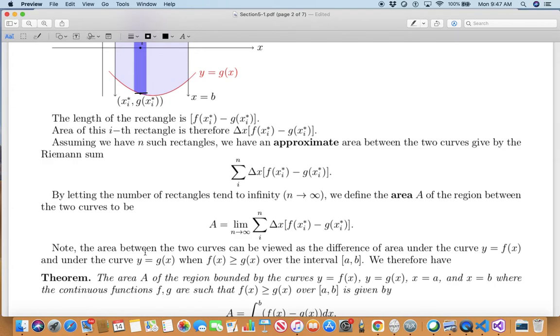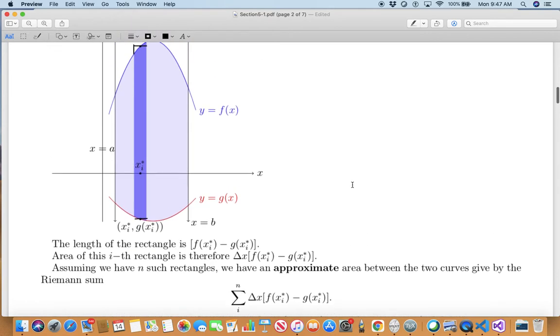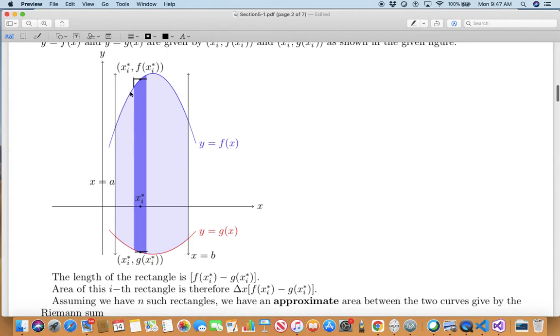In the picture above, the area between the two curves can be viewed as the difference of the area under the curve y equals f(x) and the curve y equals g(x). You see, when f(x) is greater than or equal to g(x), as in this picture, f is above g. You look for the area under the curve of f, you look for the area under the curve of g.